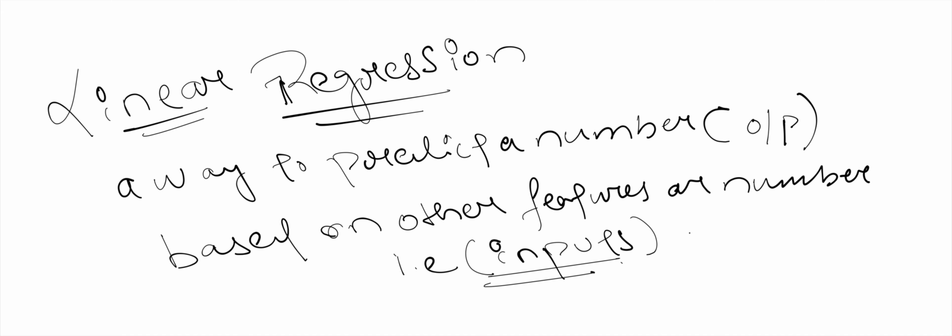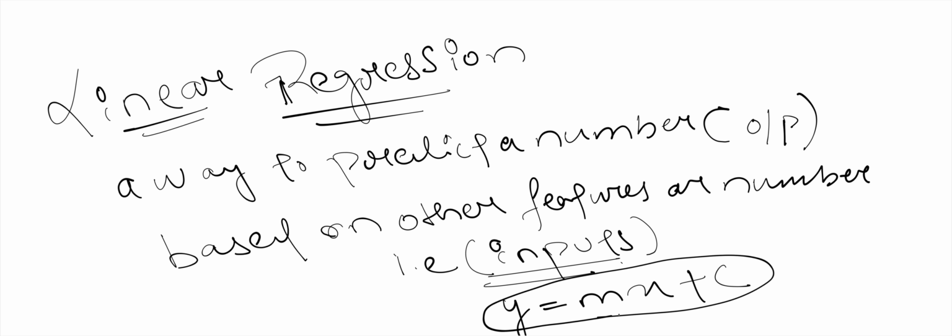Now, how do we do this? How do we define this statement? How do we achieve it? Okay. So, with the help of this, y is equal to mx plus c.